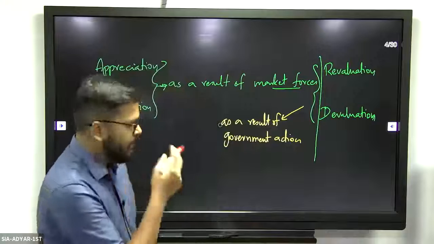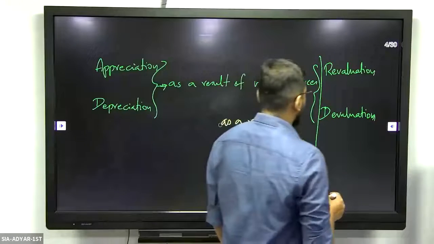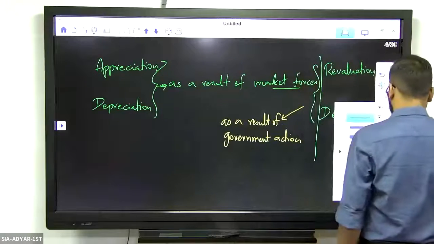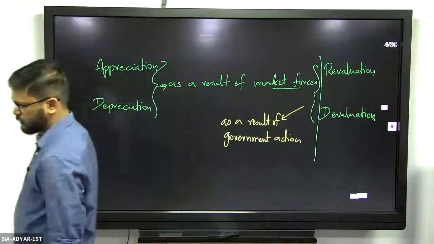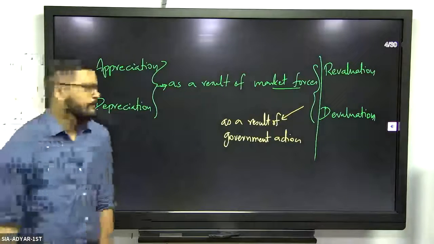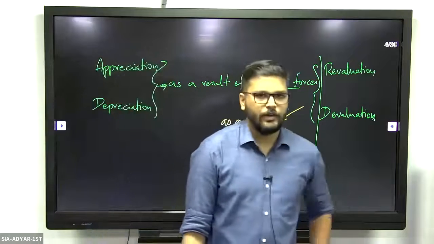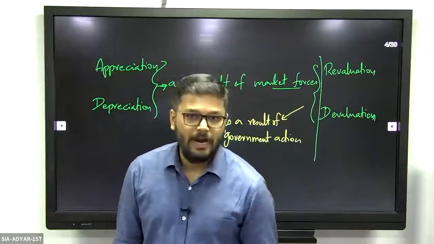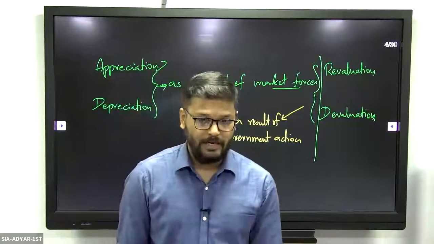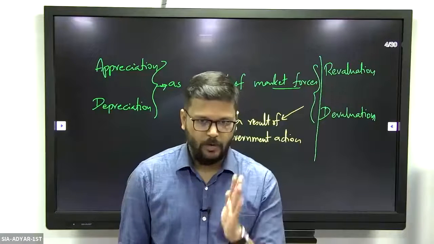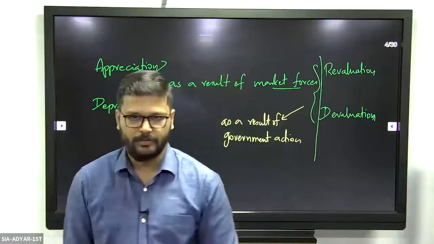That is what I mean by government action. So that is revaluation and devaluation, where instead of demand and supply dictating what the exchange rate is, the government will come and dictate, okay, as of today, $1 is equal to 10 rupees.